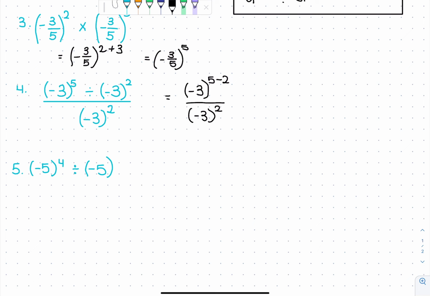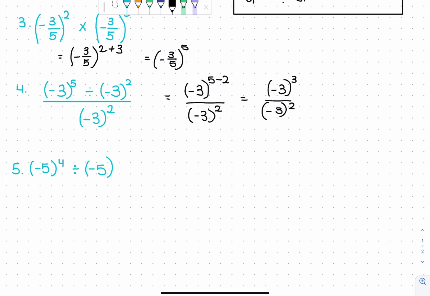All right, and then now I can simplify that. We're actually going to have on the top negative 3 to the power of 3 over negative 3 to the 2. Now what's really interesting is now we have another division problem.